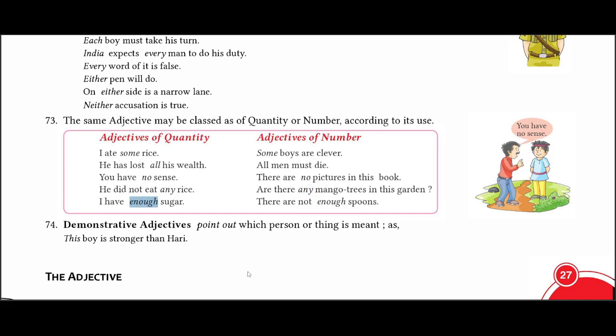Enough is telling the quantity of sugar. There are not enough spoons. In this statement, enough is telling the number of the spoons. So it is possible for adjectives to be used quantitatively, as well as an adjective of number.